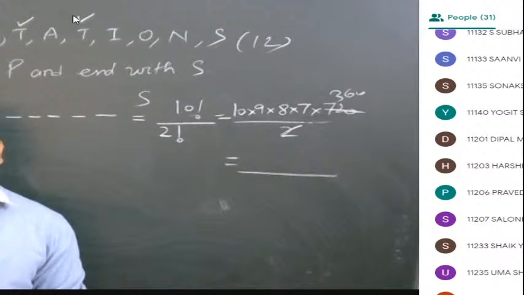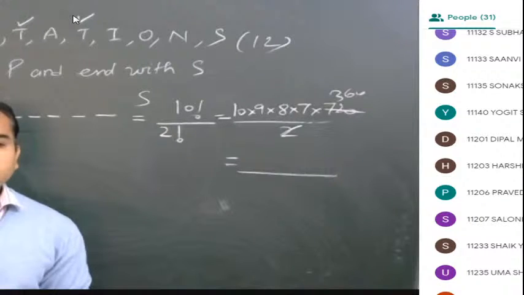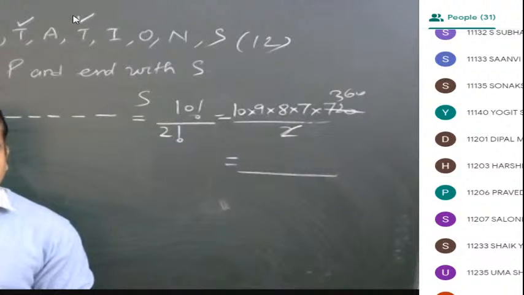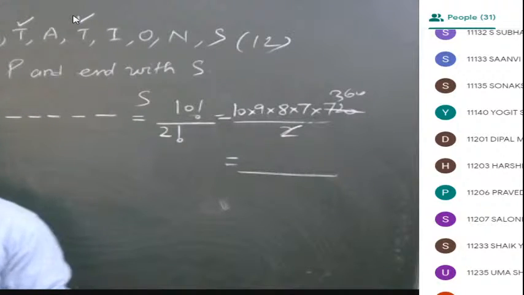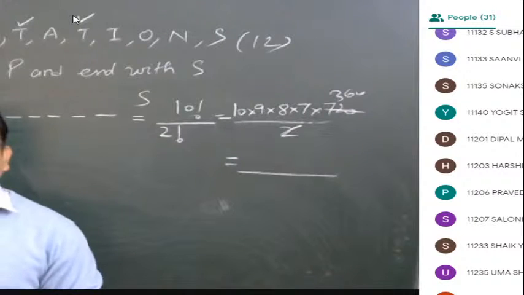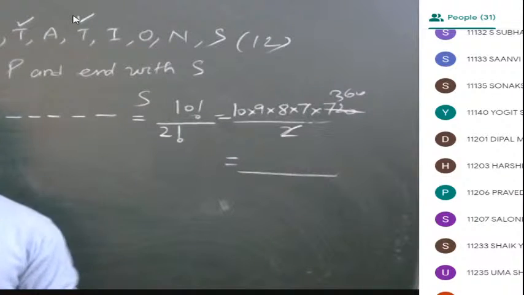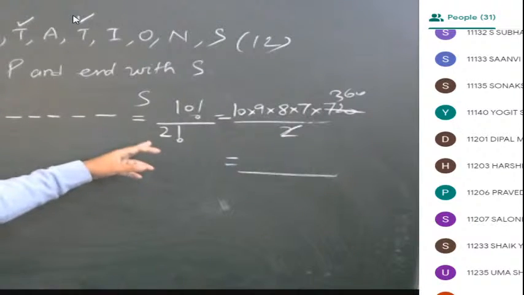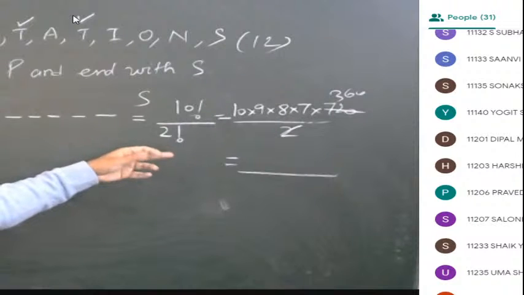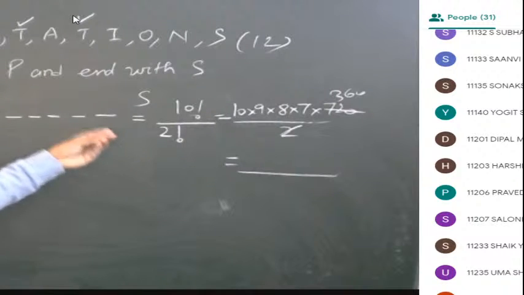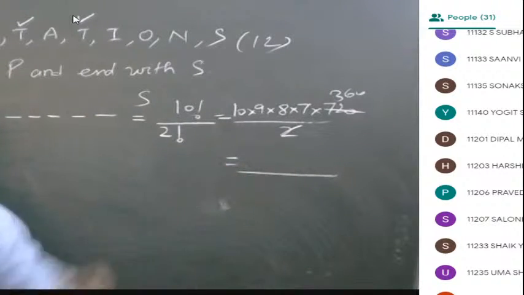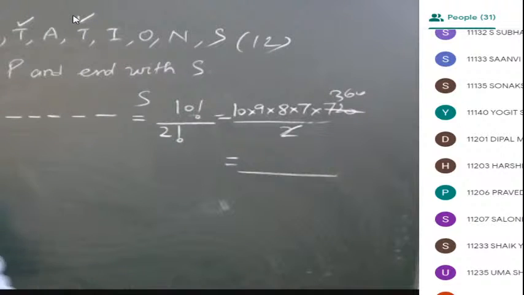One more thing, students: when we do evaluation, the rule is this. If you have written correct, you will get good marks, but of course marks are there for the calculation part also. So how to solve the calculation?